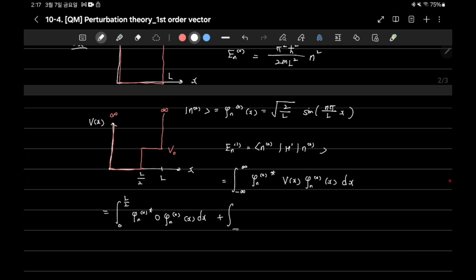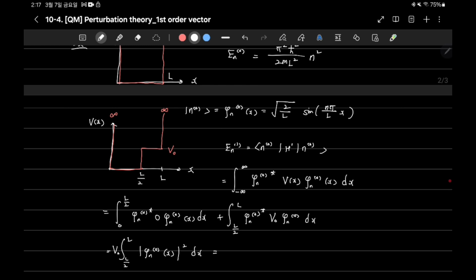Then from L half to L phi n 0 star, the potential is V0 phi n 0 dx. And then V0 is constant, L half to L, phi n 0 x square dx.